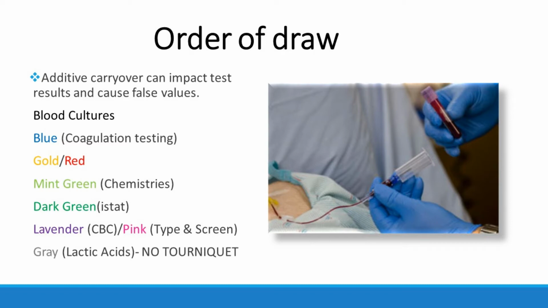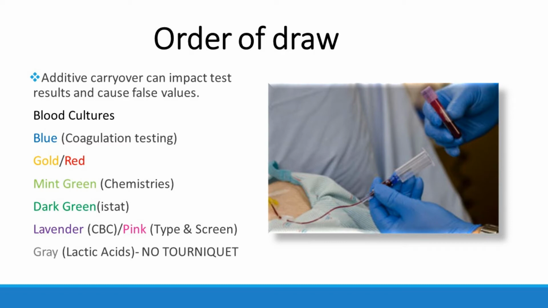So lavenders have the potassium. We don't want to add that to the chemistries where we're testing for potassium. And EDTA binds to calcium. We also don't want to add that to any chemistries where we're testing for calcium because we don't want it to look like there's less calcium, a lower result.